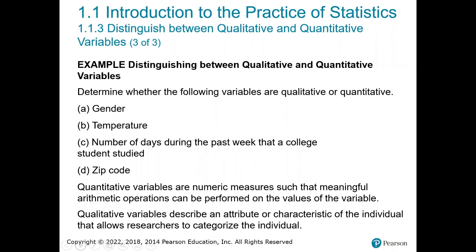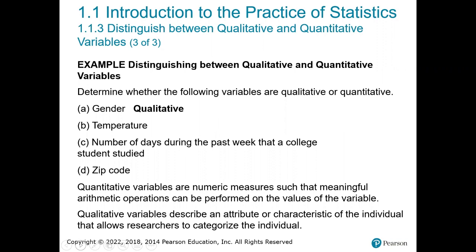It makes sense to find their average, things like that. Where qualitatives just describe something about you, are used to categorize you. So gender is a word. It is a qualitative variable. It is describing a characteristic of me.